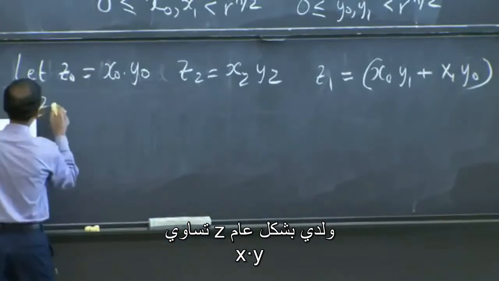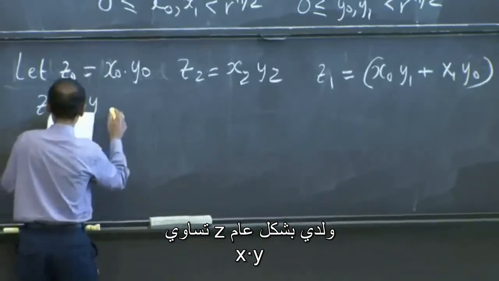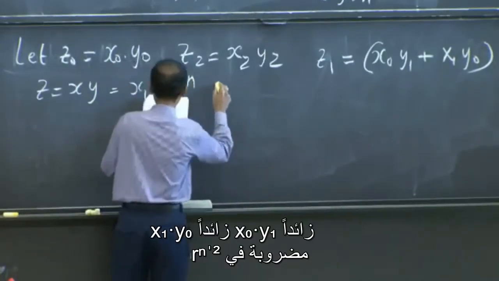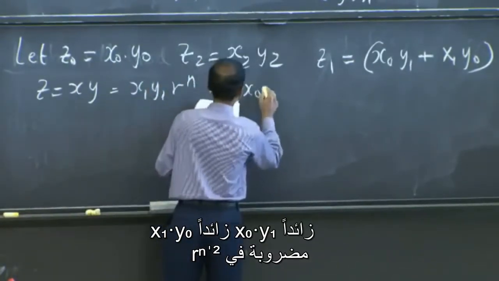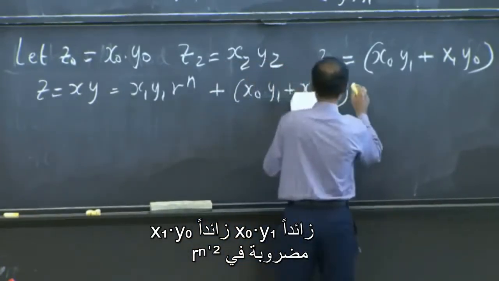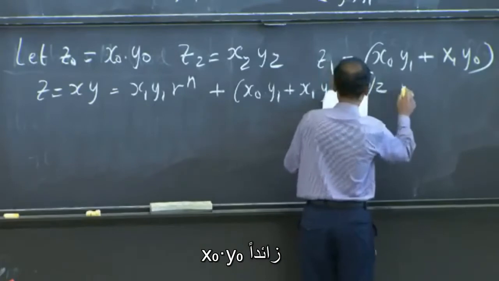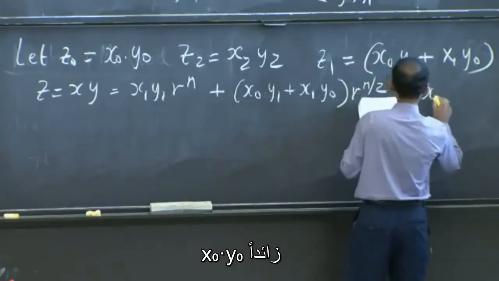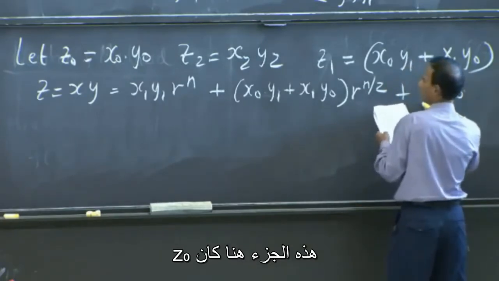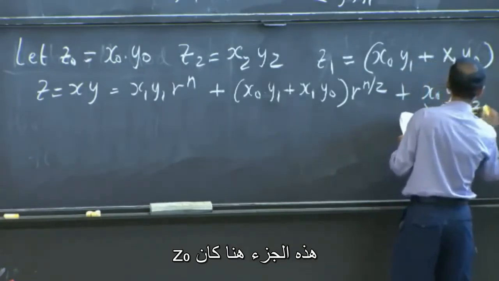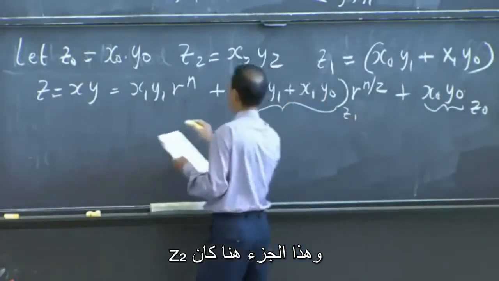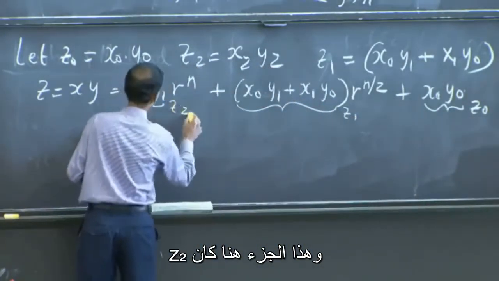And overall, Z equals XY equals X1 Y1 times R raised to N plus X0 Y1 plus X1 Y0 times R raised to N over 2 plus X0 Y0. This part here was Z2, this part was Z1, and this part was Z0.